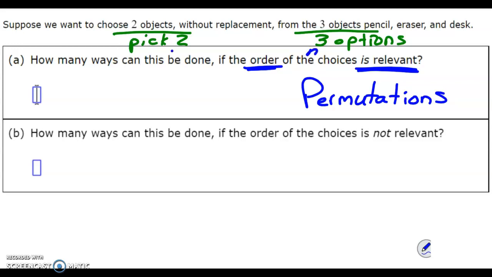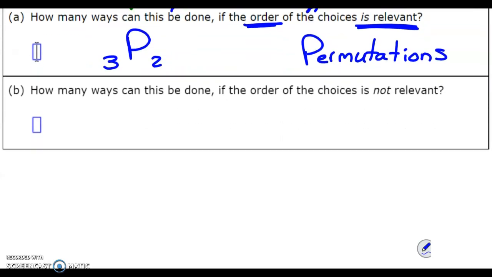Your r is how many you're choosing. So you've got 3 options. You're picking 2. So the way that that's going to be set up is going to be 3 factorial. So let me just do this down here a little bit.